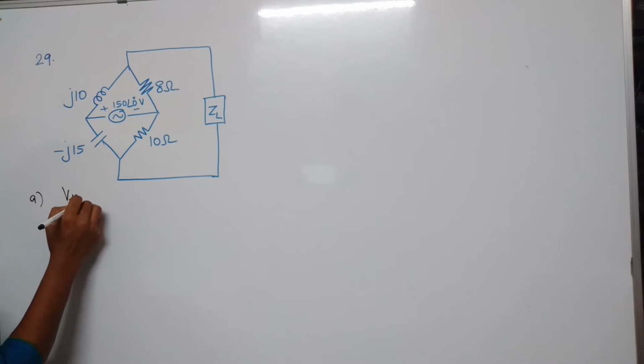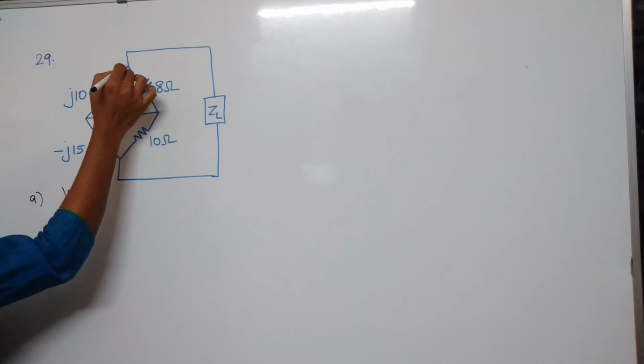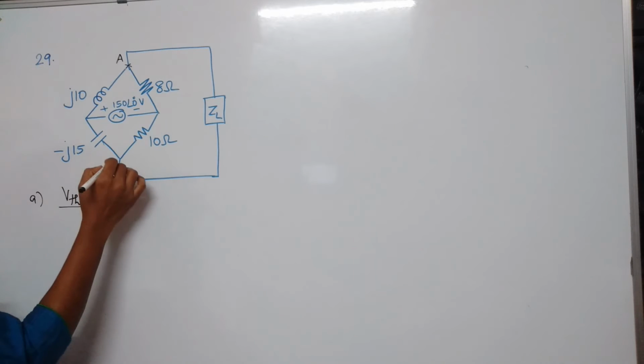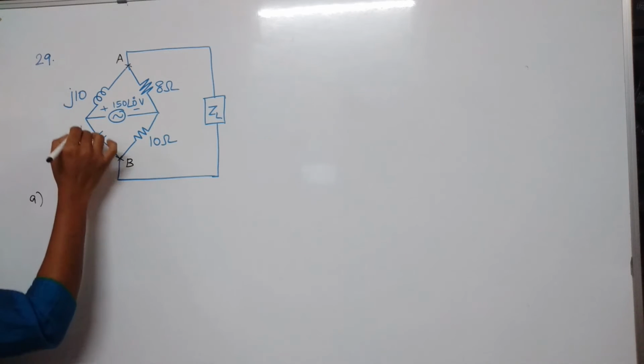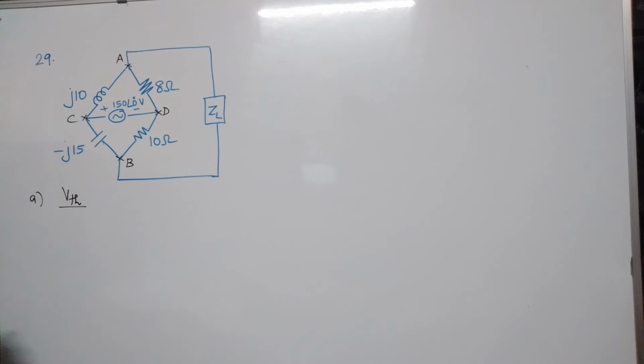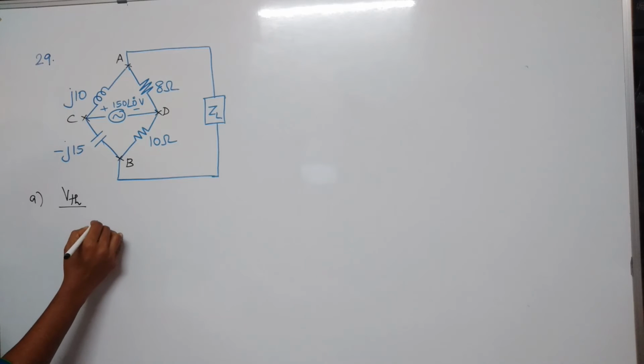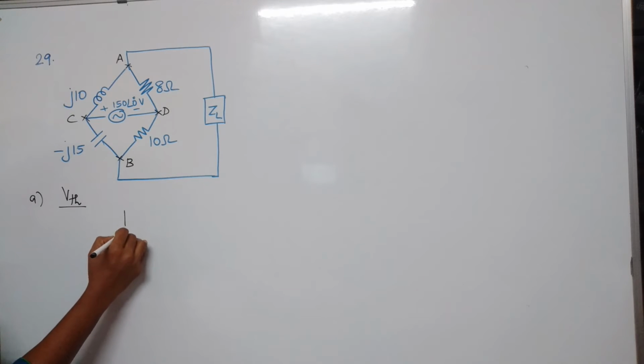So to find out VTH, I am slightly changing the orientation of this. Now let this point be A and B, this be C, and this is D. So our voltage source is between C and D. So I am going to draw that first.